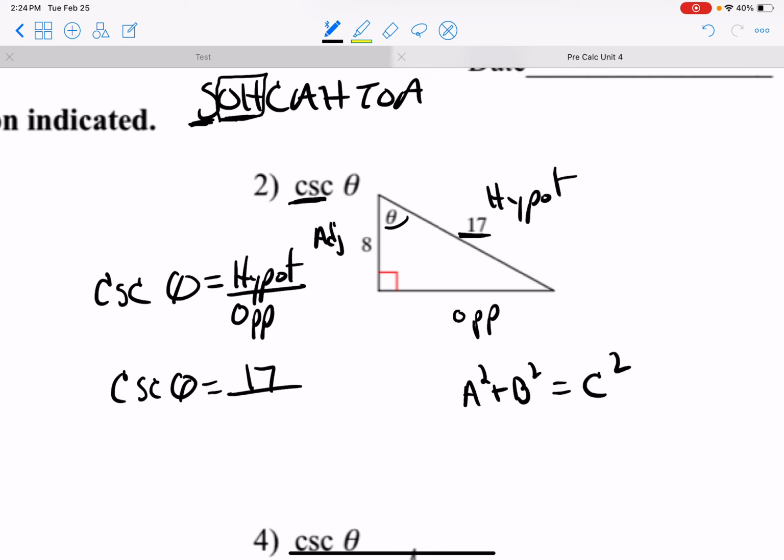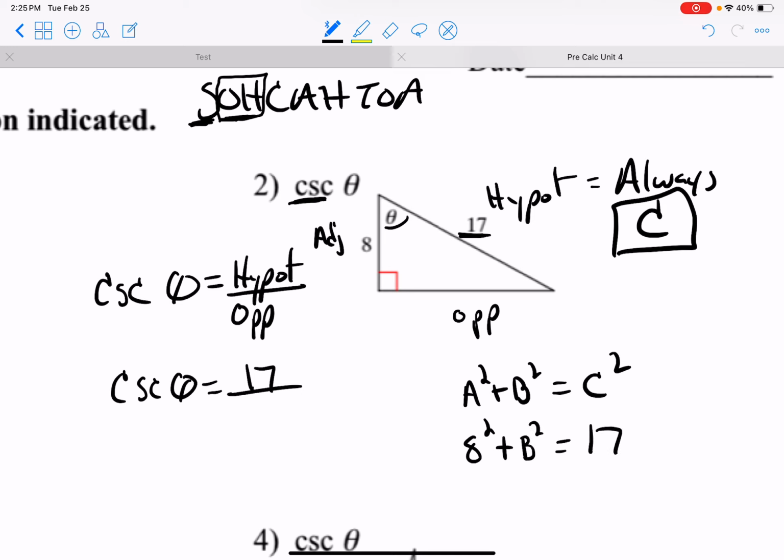Any right triangle, I can find the sides. Remember, the hypotenuse is always c. Everything else doesn't matter. So I'm going to take 8 squared plus the opposite squared, b squared, equals 17 squared.